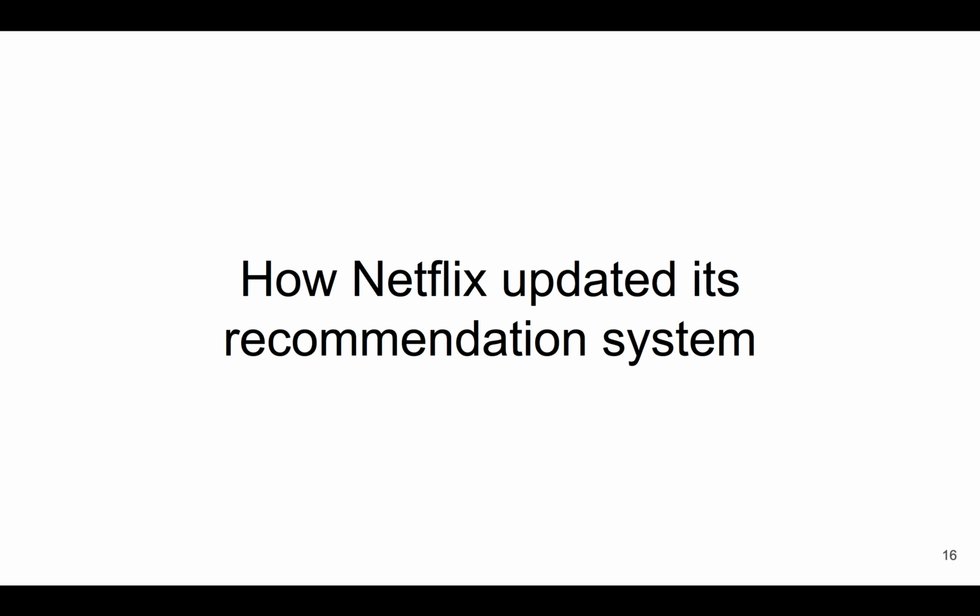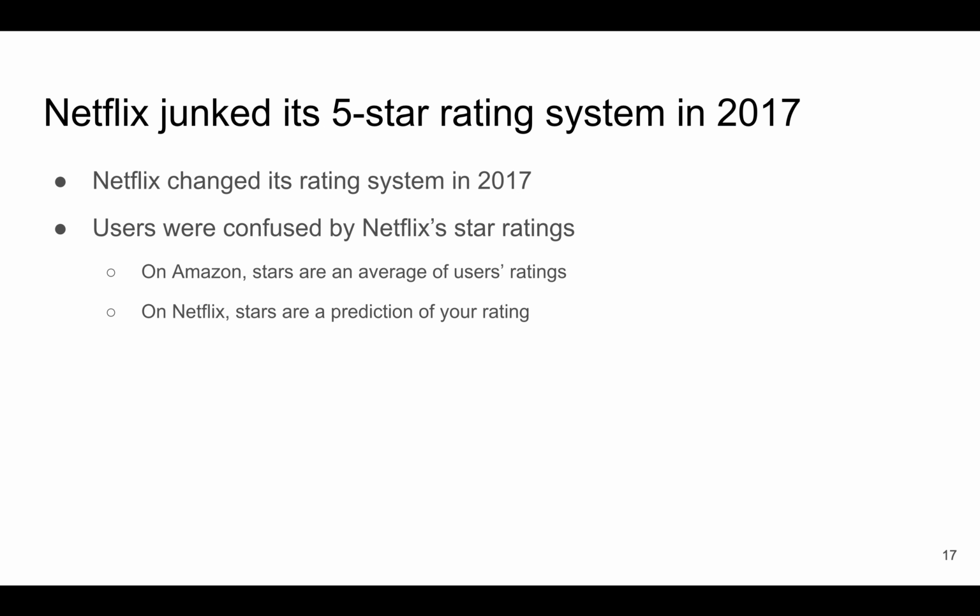Alright, I also wanted to talk briefly about how Netflix recently updated its recommendation systems. So in 2017, Netflix junked its 5-star rating system, and one of the key reasons is that users were often confused by what the star ratings meant.